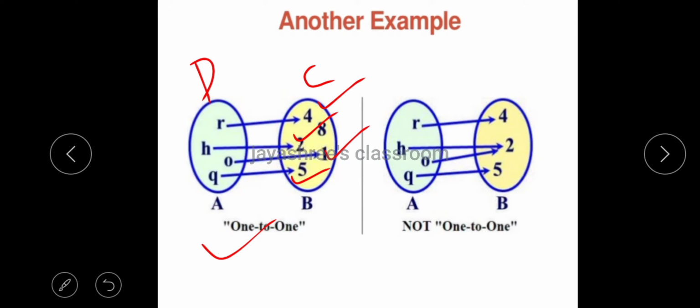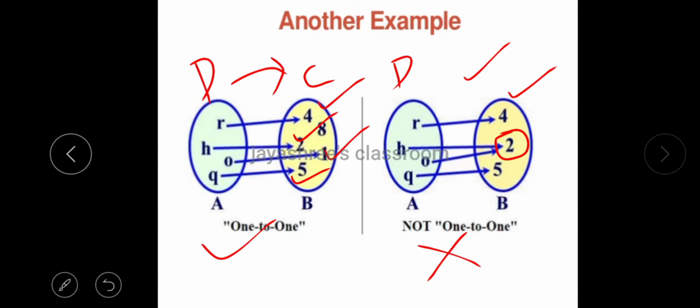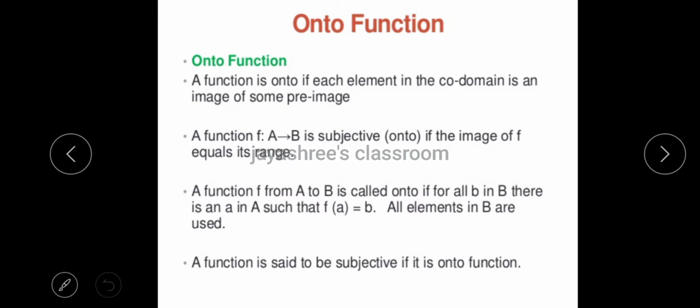So each member in the domain is connected to different members in the codomain. Therefore, this is a one-to-one function. Whereas in this example, R is connected to 4, and both H and O are connected to the same number 2. Therefore, this is not a one-to-one mapping or one-to-one function.